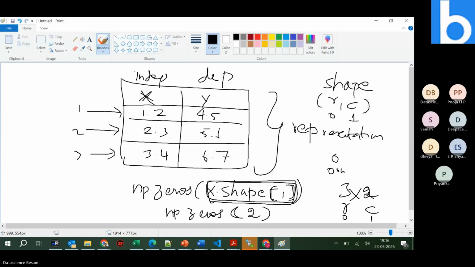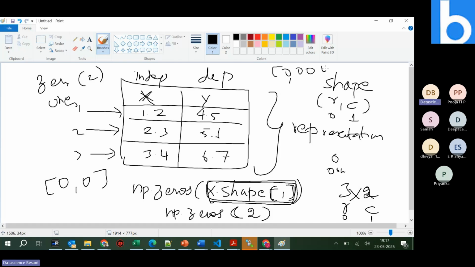In the NumPy library we have different functions like zeros and ones. If you say zeros of 2, it will create a list with 2 zeros. If you say zeros of 100, it will create a list with 100 zeros, separated by commas.